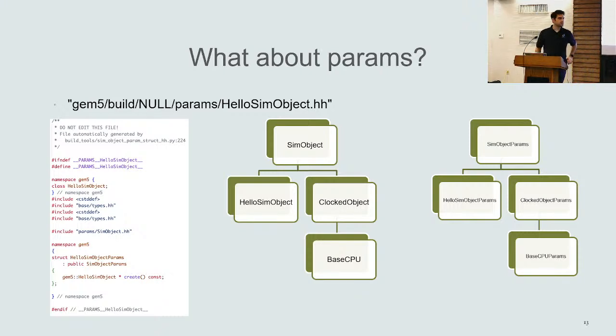Any questions? What are params? All the parameters that we are going to add in the Python file are going to be compiled into a C++ struct that is passed to the constructor of your SimObject. So then you can tune the different parameters of your SimObject. This SimObject that we built does not have any parameters yet, but we're going to add parameters to it.